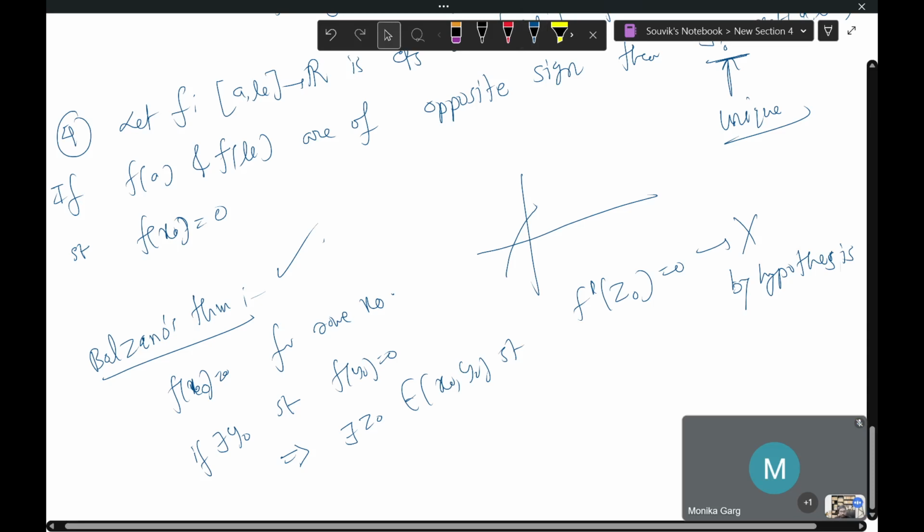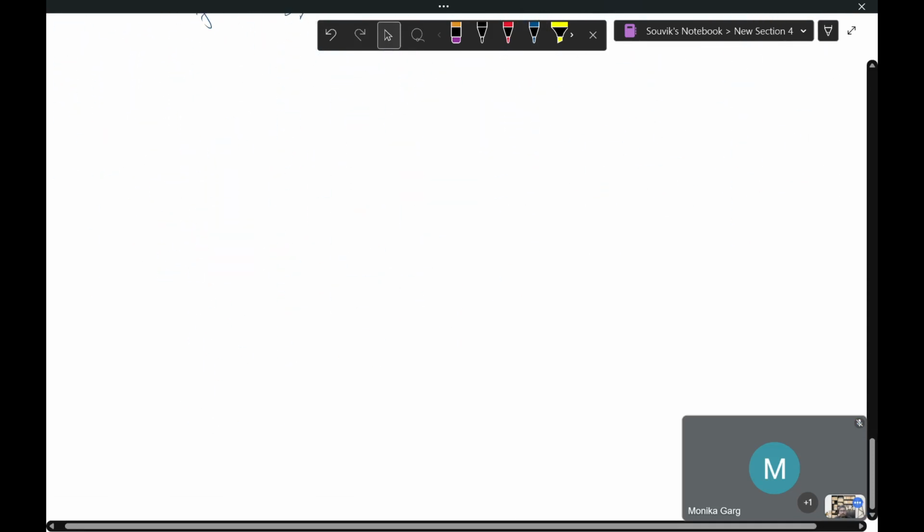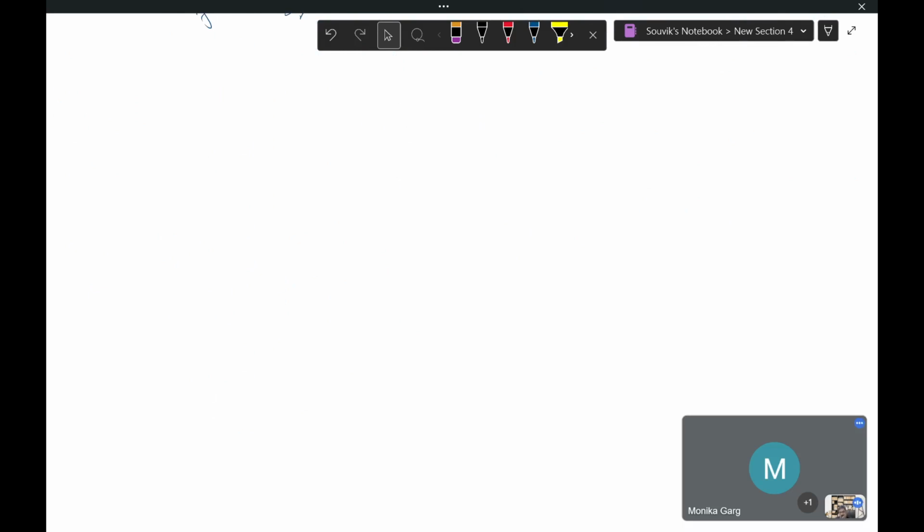Do you know about Cauchy's mean value theorem? Can you tell me the statement? If a function is continuous in a closed interval and differentiable in the open interval, then there exists at least one point c in the open interval (a, b) such that (f(b) minus f(a)) upon (b minus a) is equal to f'(c).